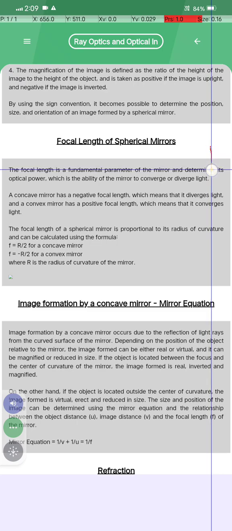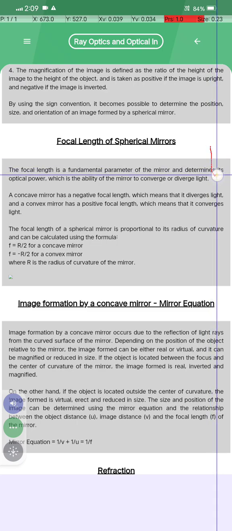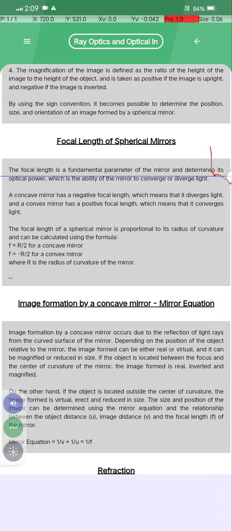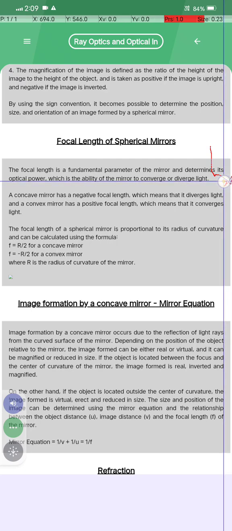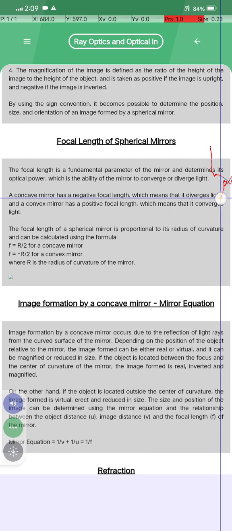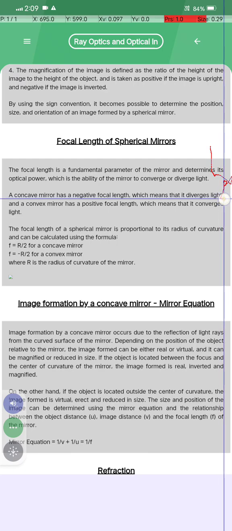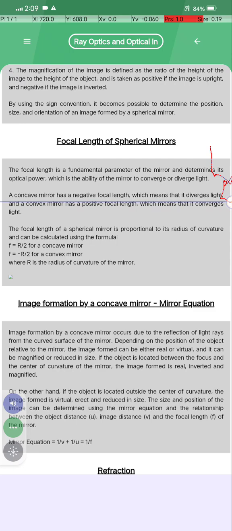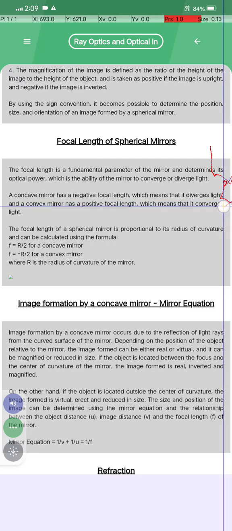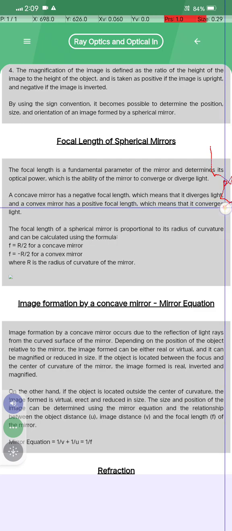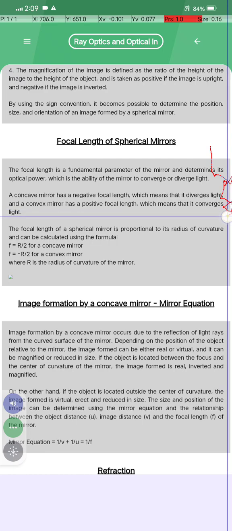Focal length of a spherical mirror: the focal length is a fundamental parameter of a mirror and determines its optical ability to converge or diverge light. The concave mirror has a negative focal length, which means that it diverges light, and the convex mirror has a positive focal length, which means that it converges light.